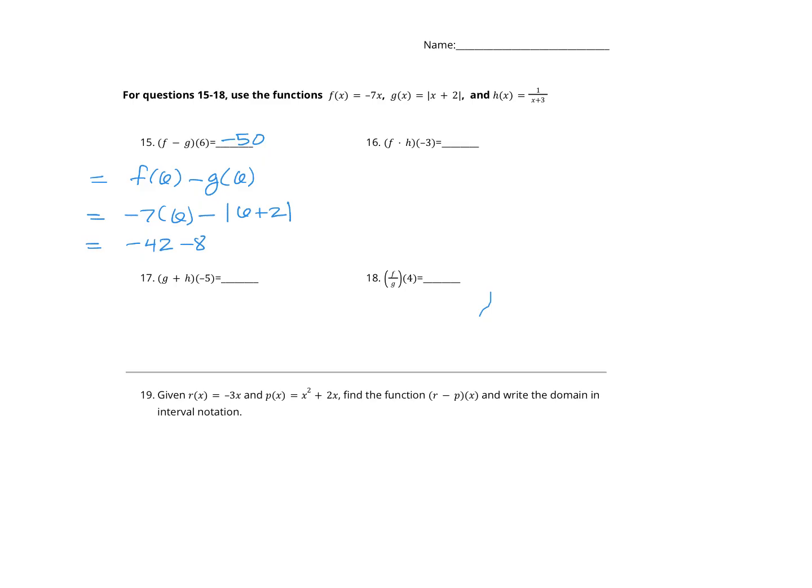We now have multiplication. This is equal to f of negative 3 times h of negative 3. That's supposed to be an eraser. That is not an eraser. There we go. So again, f of negative 3 times... I don't know why it's acting weird like that.